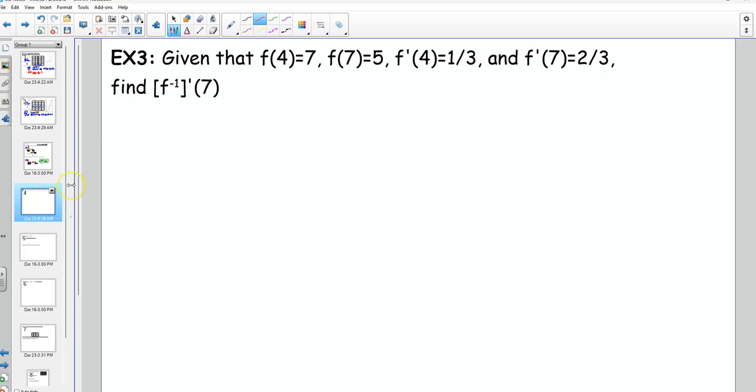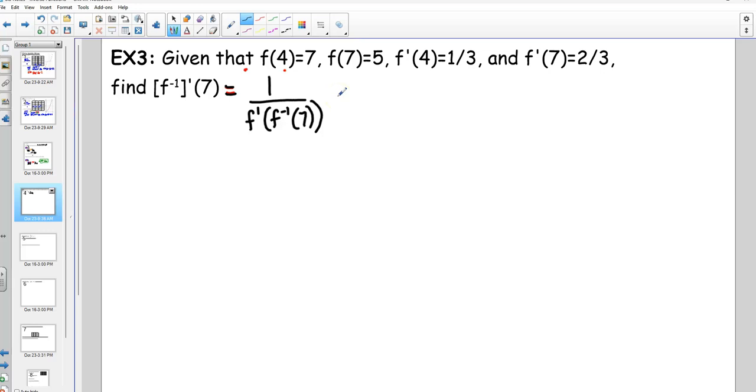Here's an example. You have no other choice. You have to use your formula here, right? So f inverse prime of 7. If we use that formula that we just proved, it's got to equal 1 over f prime of f inverse of 7.